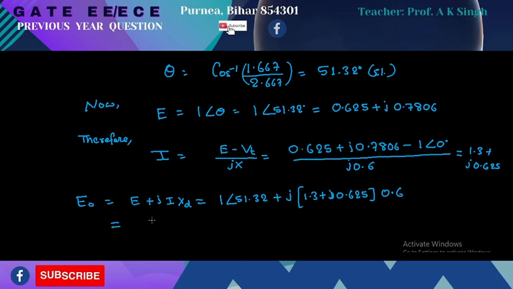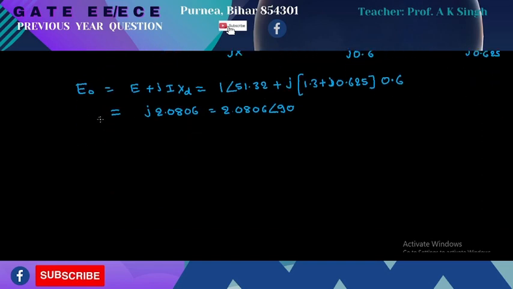So the final value is j2.0806, that is equal to 2.0806 at an angle 90 degrees.